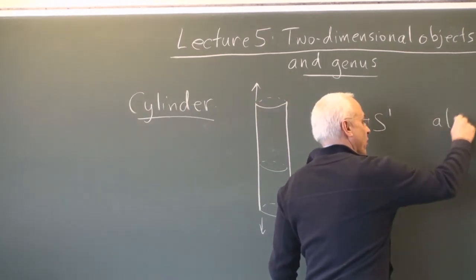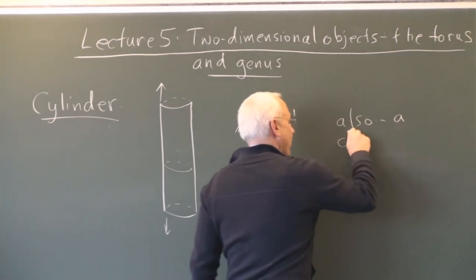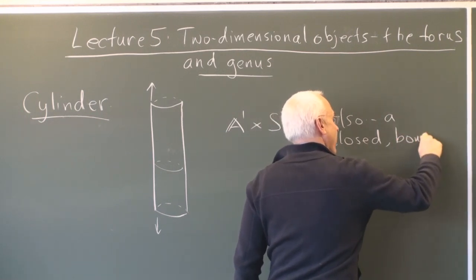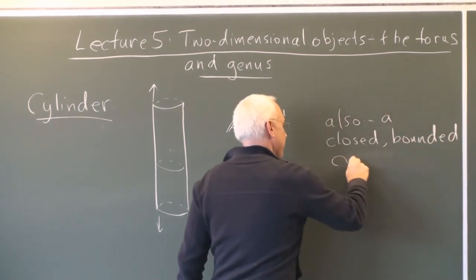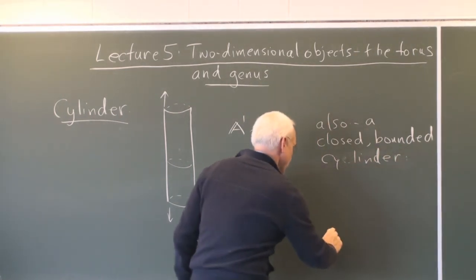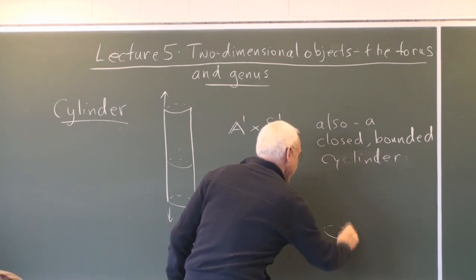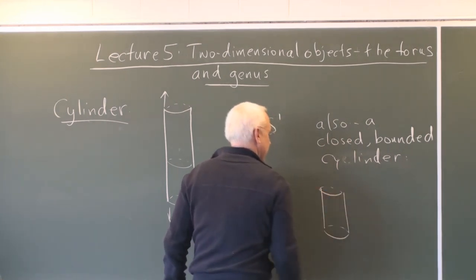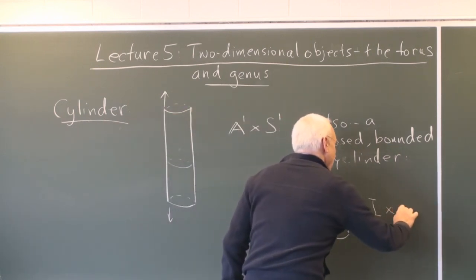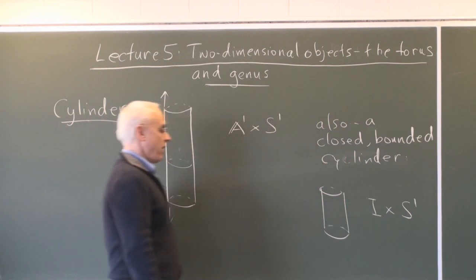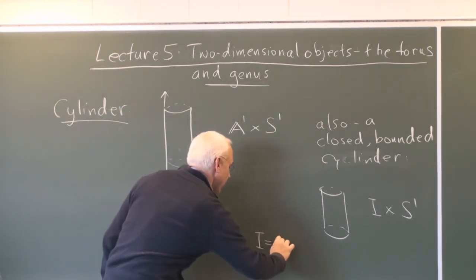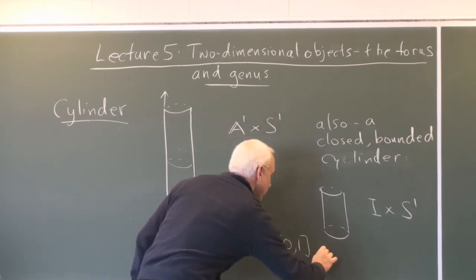So we might also look at a closed bounded cylinder, which is just one that actually has only a finite extent in this vertical direction. And so we could call that I cross S1, where I is the standard interval. I is 0, 1, the closed interval.